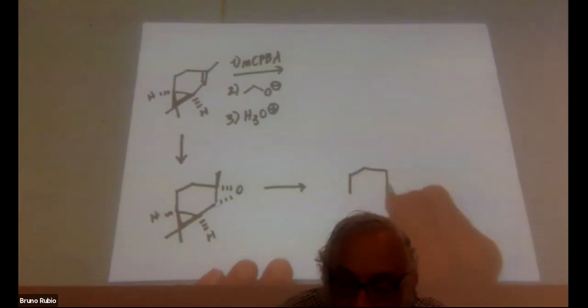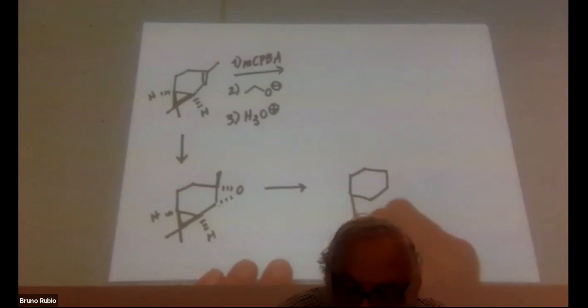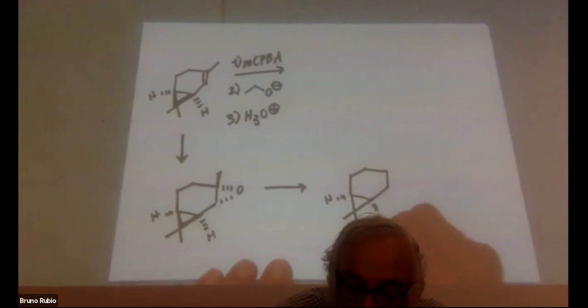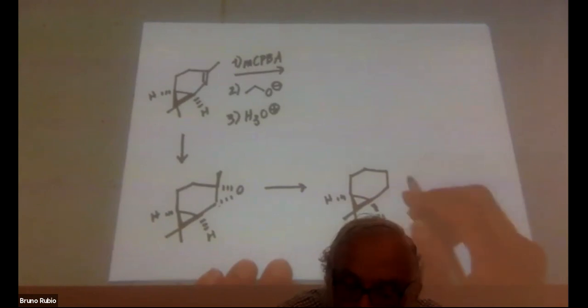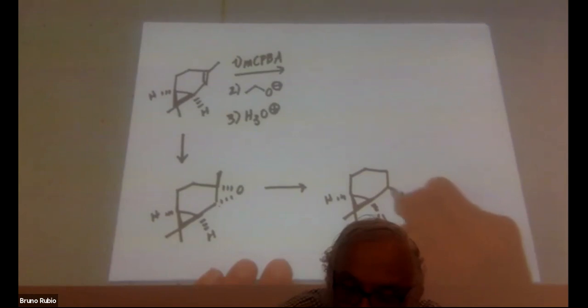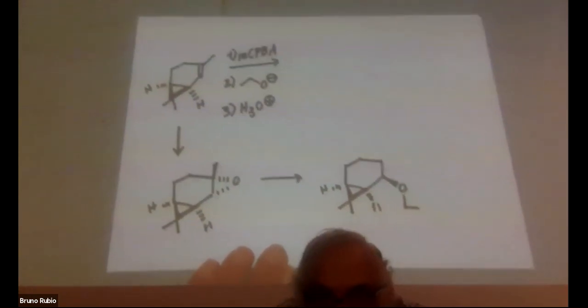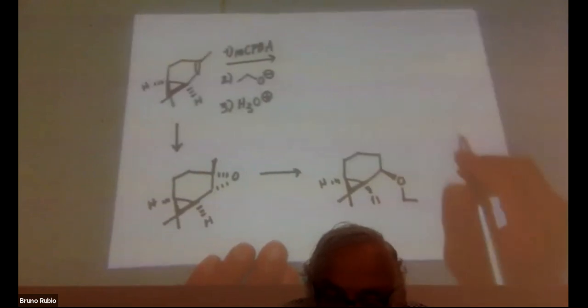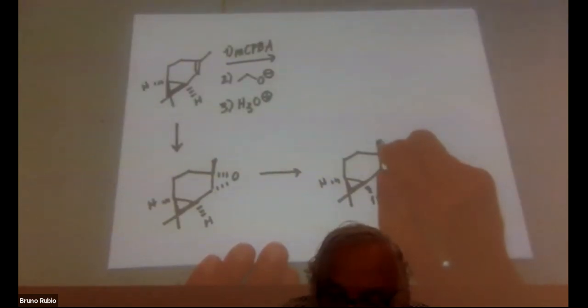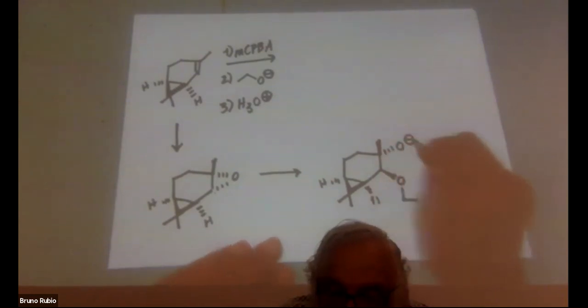So at the end of step 2, we have dash, dash, dash, wedge, wedge, wedge. The nucleophile attacked the less substituted carbon. It does so anti to the pre-existing epoxide oxygen. And so at the end of step 2, we have this.